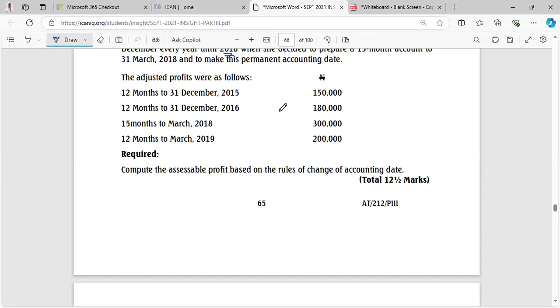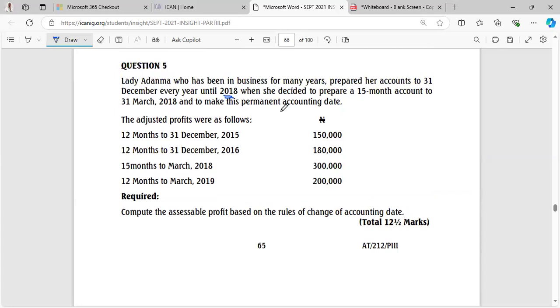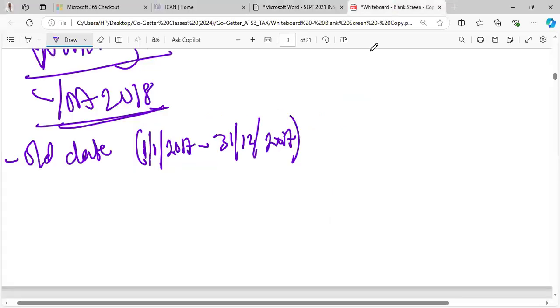We're going to be taking 12 months there. So that will be 12 over 15 times 300,000.